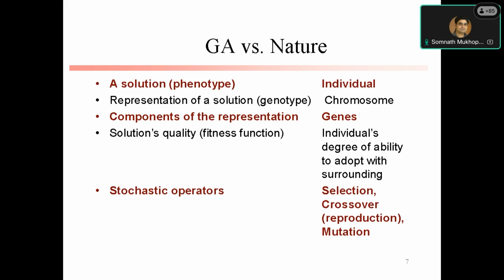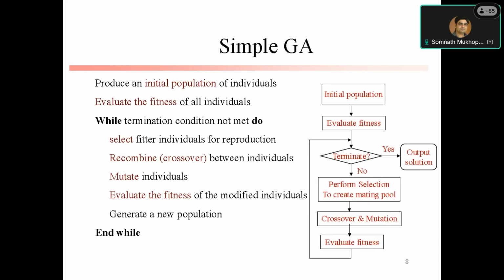Exploitation means you take what you have in your hand and recombine it to generate new solutions. And there is another operator, mutation, which searches a new, unexplored search area. That is known as exploration. So exploitation and exploration are two different concepts used in optimization algorithms.